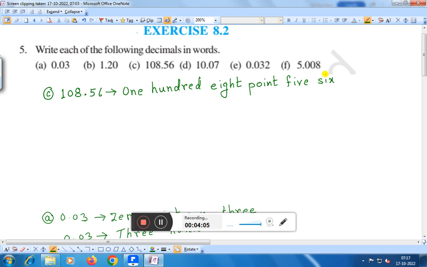This is the first method, and in the second method you can also write in this way, 108.56 according to place value. That is, this is ones, this is tens, this is hundreds.